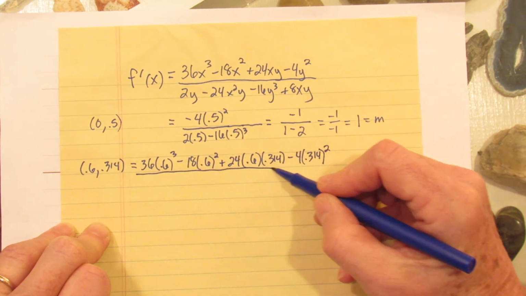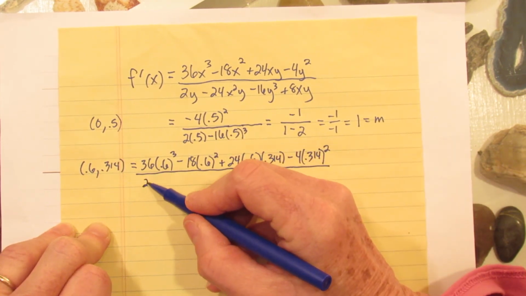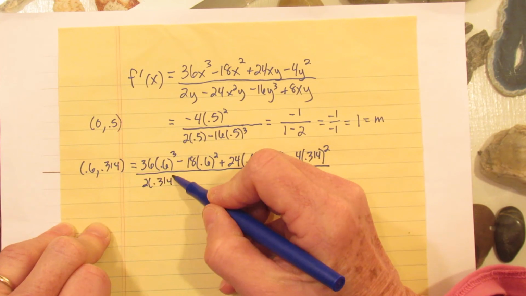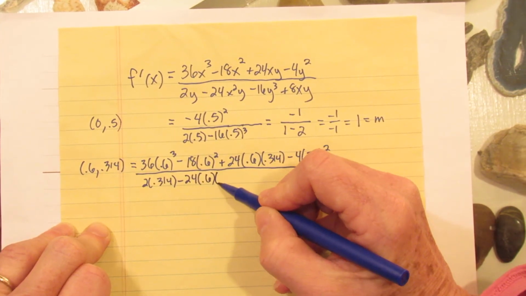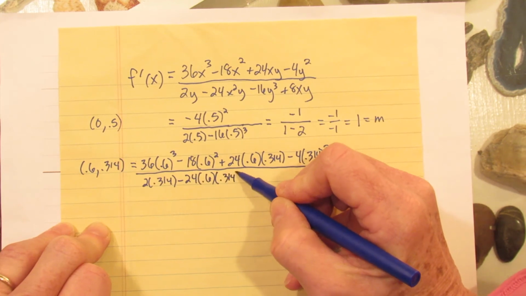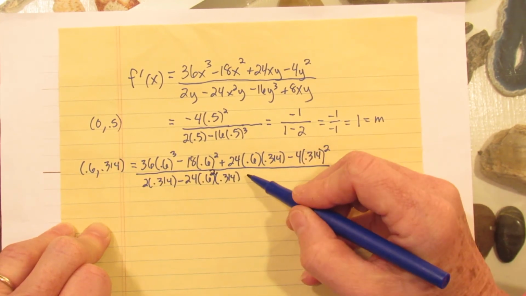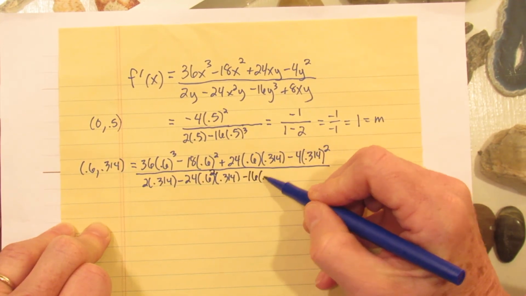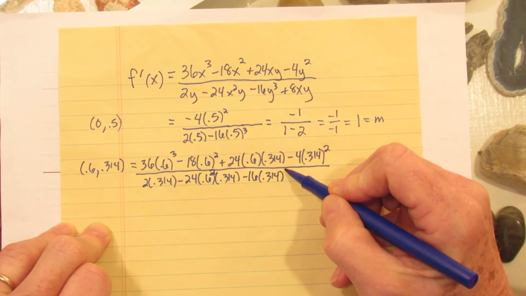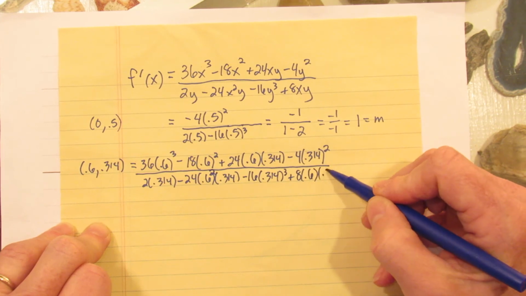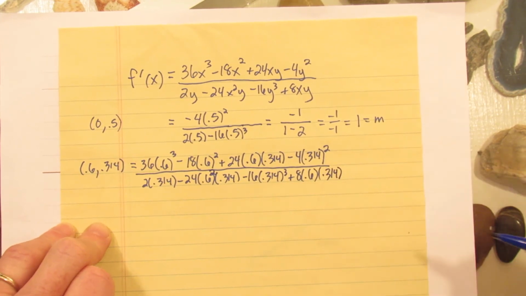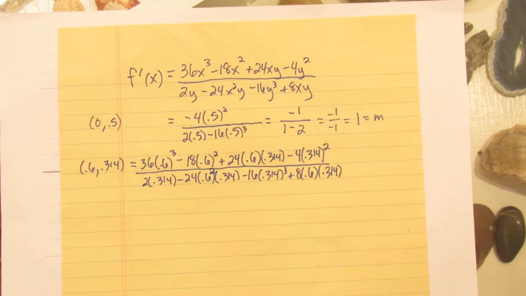And then in the denominator, I have 2 times 0.314. And then x is still 0.6. Y is 0.314. X is squared on that term. Y is cubed on this term. And there we go. There are x and y all plugged in.